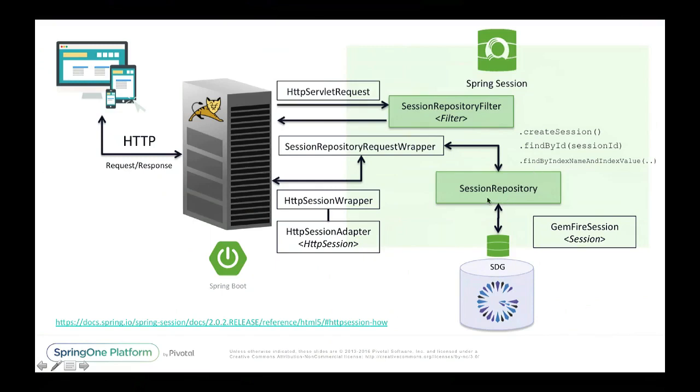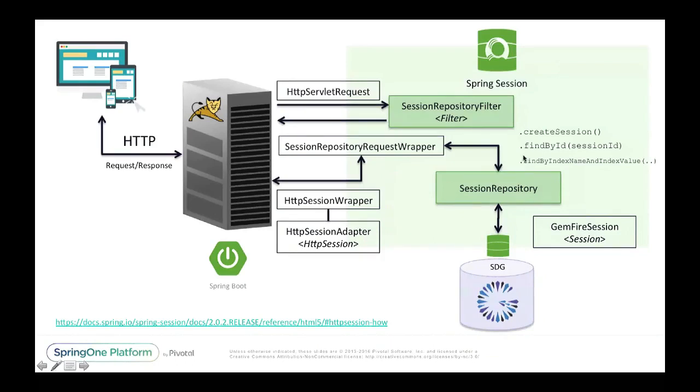So Spring Session Data Geode or GemFire actually provides an implementation of the SessionRepository interface that uses Spring Data GemFire and talks to Apache Geode, or alternatively Pivotal GemFire. And actually the session implementation is a GemFire session, and I'll explain more about that in just a minute when we get to some of the other advantages of using Spring Session with different providers.